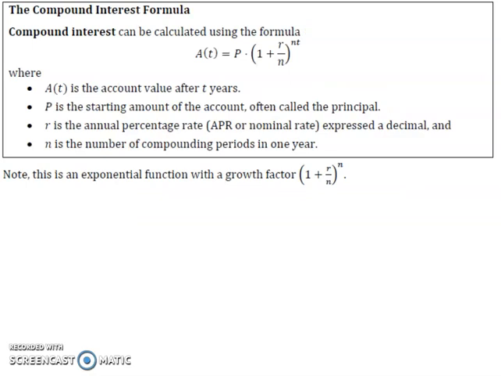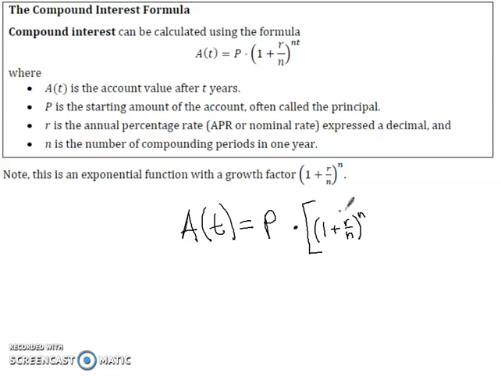And just to recap, we have our compound interest formula here and our variables defined below. Now this is an exponential function, and we can write it as such, with t being our variable, by saying I have P multiplied by, and I'm going to put my base in brackets, 1 plus r over n, to the power of nt.